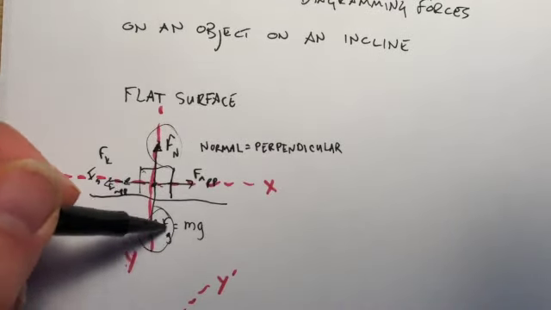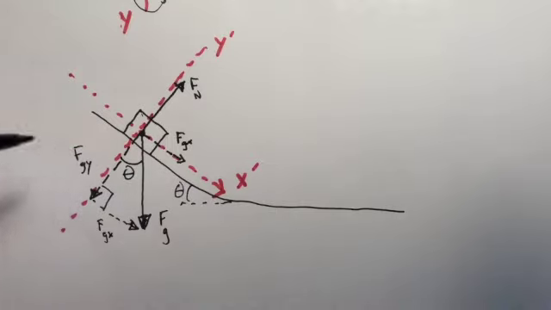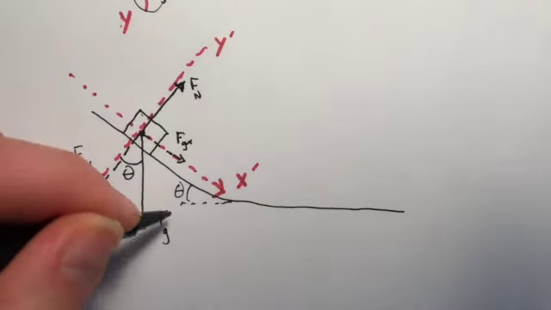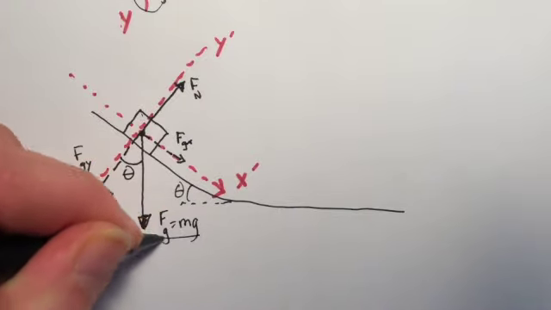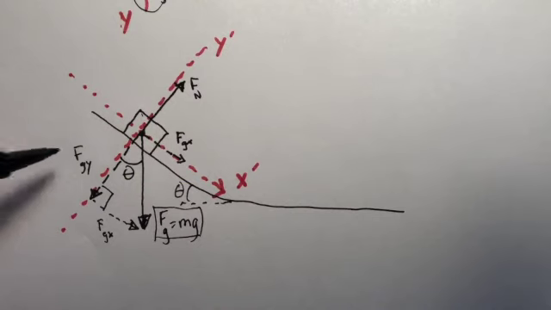So, how do I determine what Fgy and Fgx are? Well, this angle here of the hill is exactly the same as this angle of this right triangle. And now I can use my trig functions because I know that f sub g is m times g. This is an equation we've used.